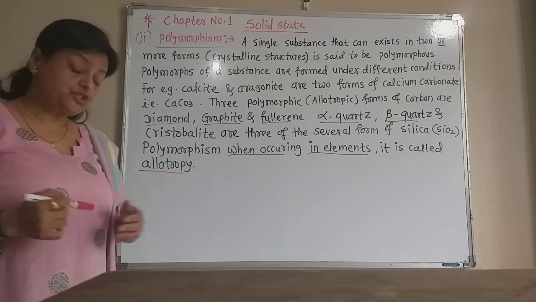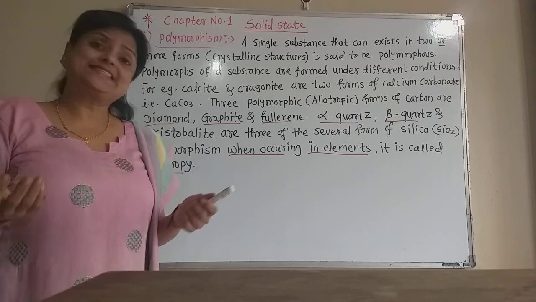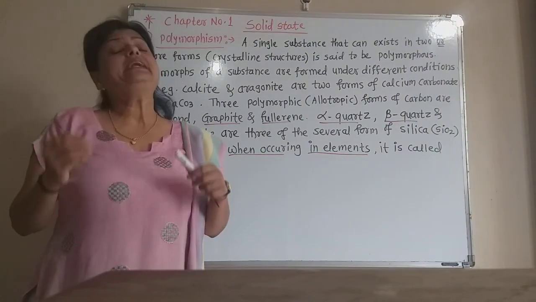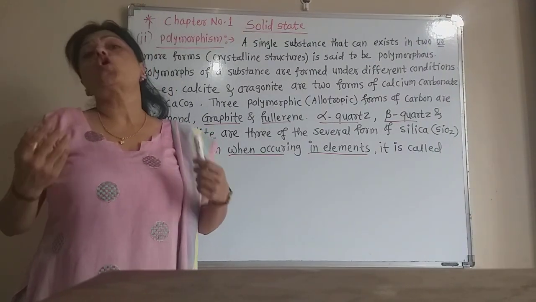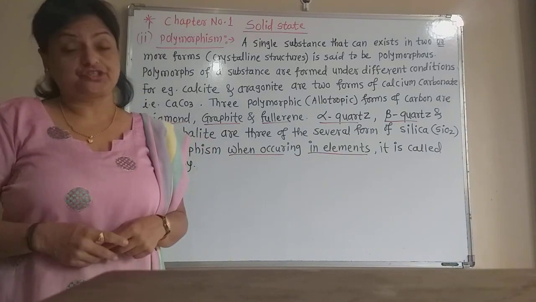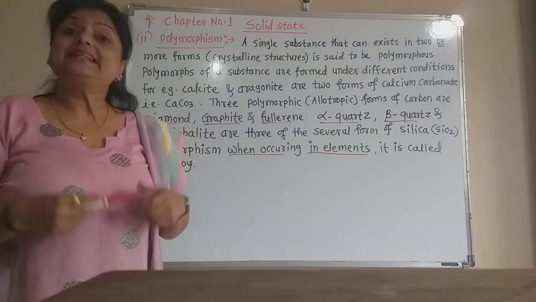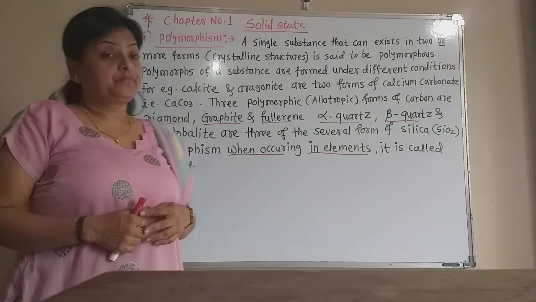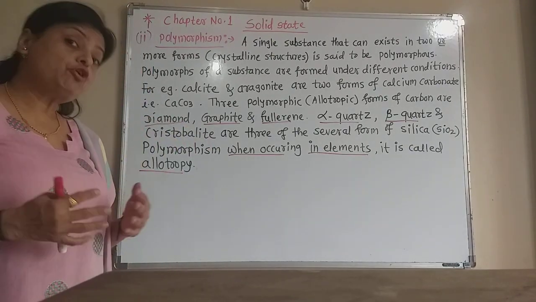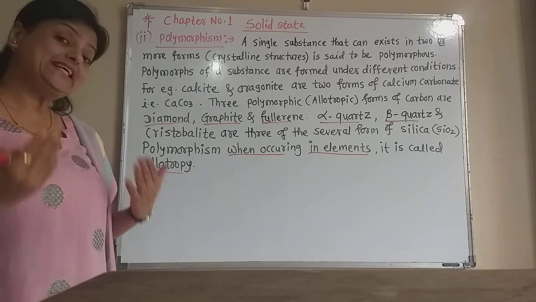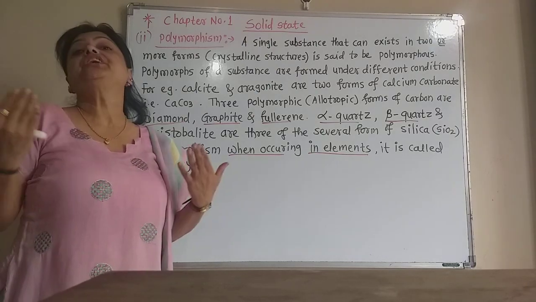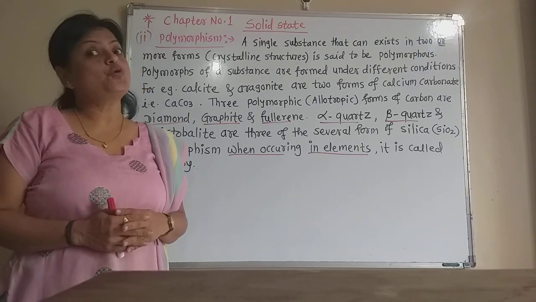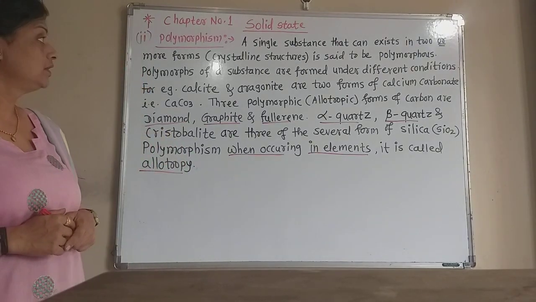The substance is actually a single substance but it exists in two or more different crystalline structures, and those structures are called polymorphs. The phenomenon of a single substance occurring in different crystalline forms is called polymorphism.